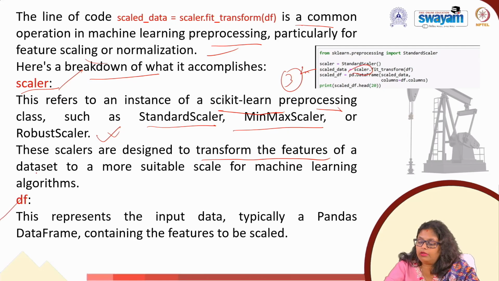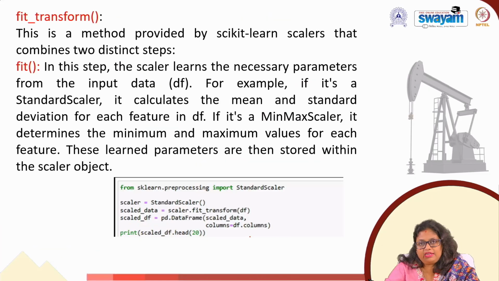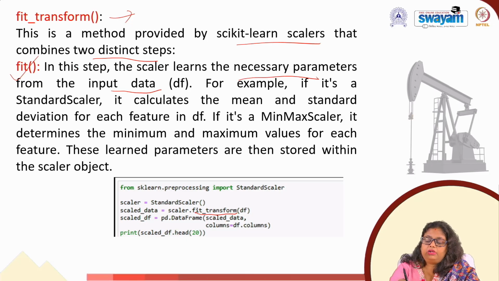So df represents the input data, typically a pandas DataFrame containing the features to be scaled. Now, talking about fit_transform, this is a method provided by the scikit-learn scalers that combines two distinct steps: first fit, and second transform. In the fit step the scaler learns the necessary parameters from the input data df.